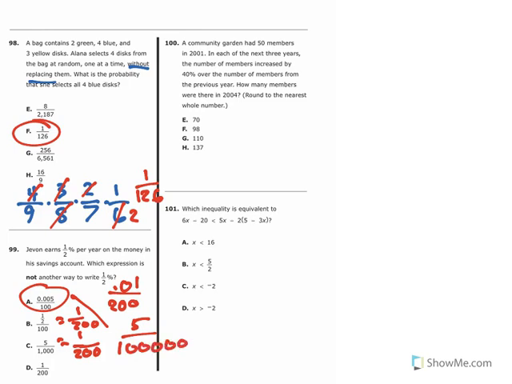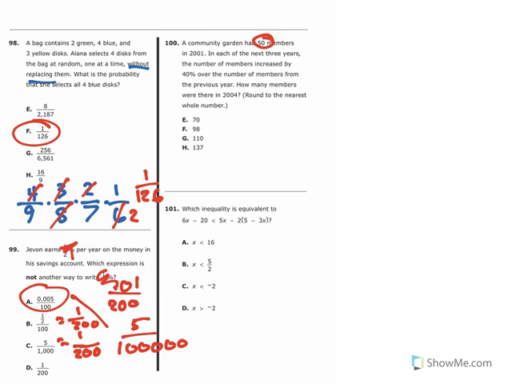So that's what it's going to look like: 5 out of 100,000. That is certainly way too small for what we're looking for. So we're definitely going to take choice A, because B, C, and D, even if we didn't have a reference, if it said which of these is different, B, C, and D are the same. A is way smaller.